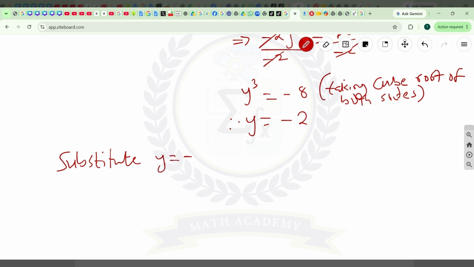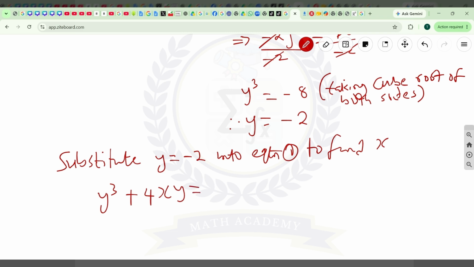Let me recall equation 1 again. Y cubed plus 4xy is equal to 16. So wherever I see y, I'm going to put -2.